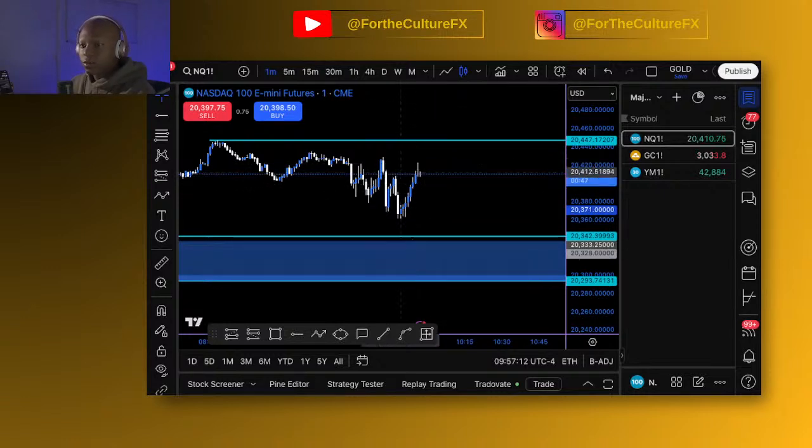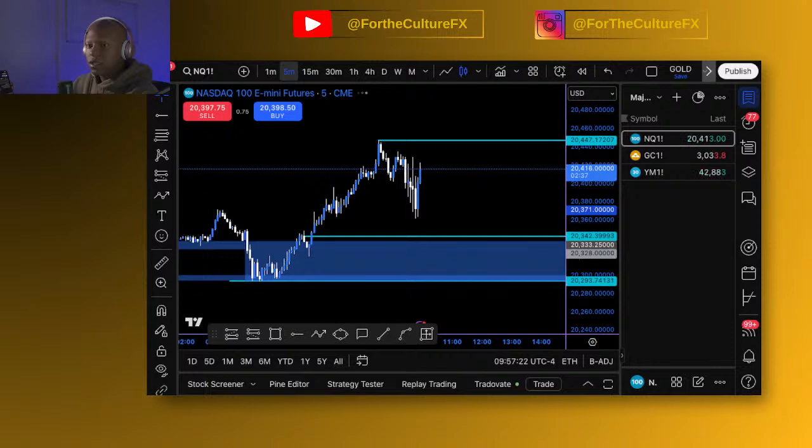As price broke this high here, we get a potential correction back into this level, a bullish candle closed. That will be aligned with what I wanted to take. I would need to see a corrective structure begin to form.